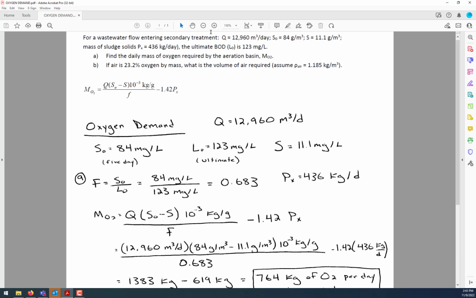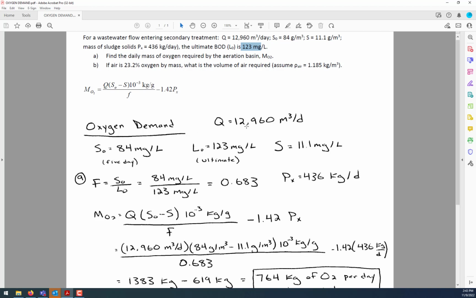So in this example, what we're doing is trying to figure out how much air is required when we're taking the dissolved BOD from a starting point of 84 grams per cubic meter down to a final point of 11.1 grams per cubic meter. We have already the details about how much sludge mass is being produced each day, and then we also have an idea of the ultimate BOD, which is going to be higher than the 5-day BOD.